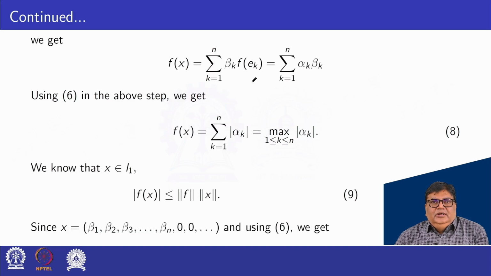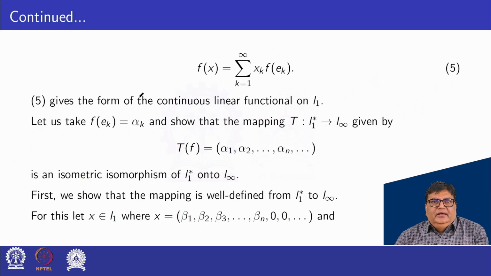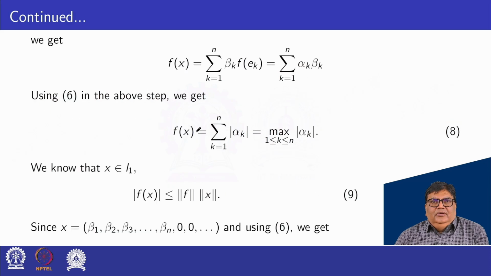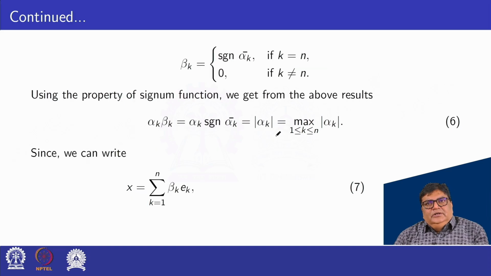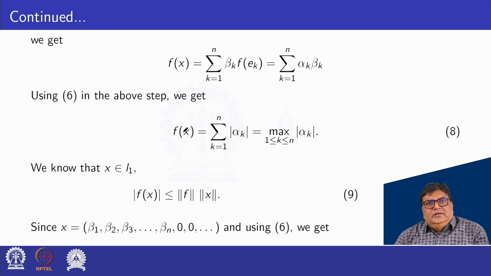And also we know that f of ek is alpha k. So we can write f of x equal to summation k is equal to 1 to n alpha k beta k. Using equation 6, fx equal to summation k is equal to 1 to n alpha k beta k.